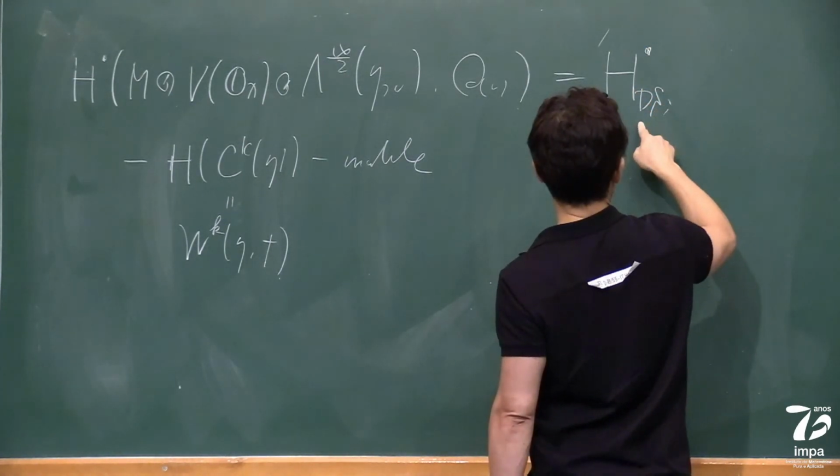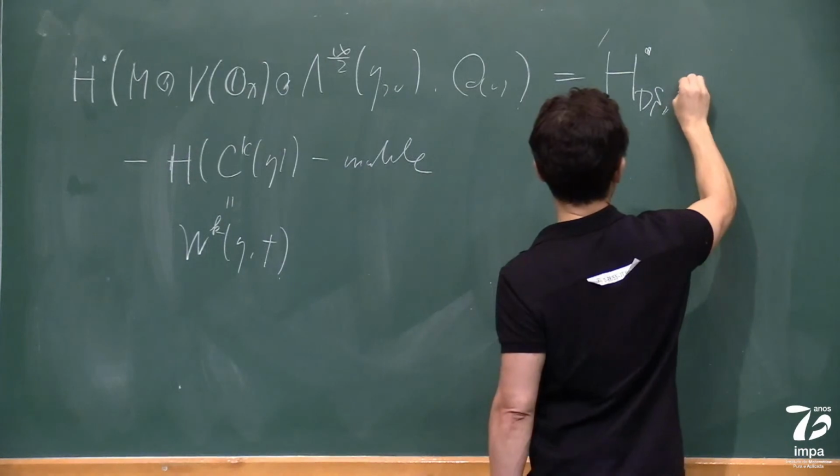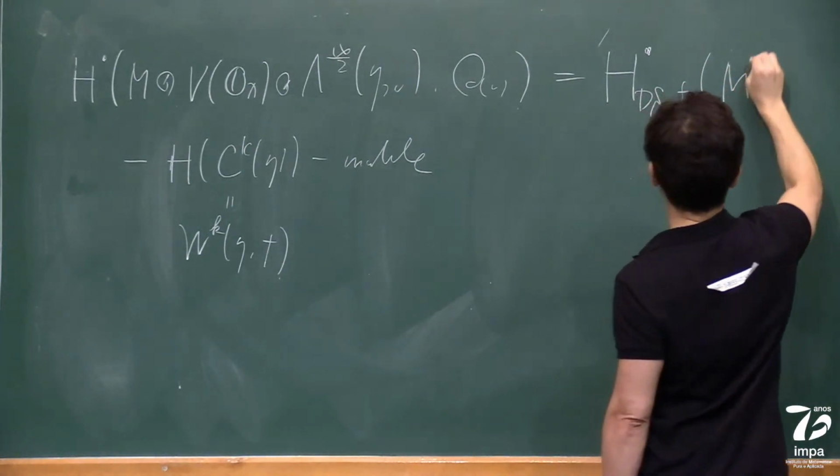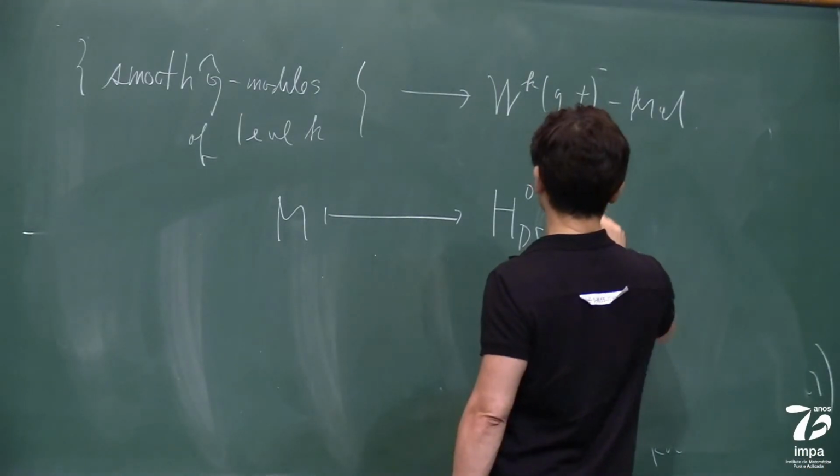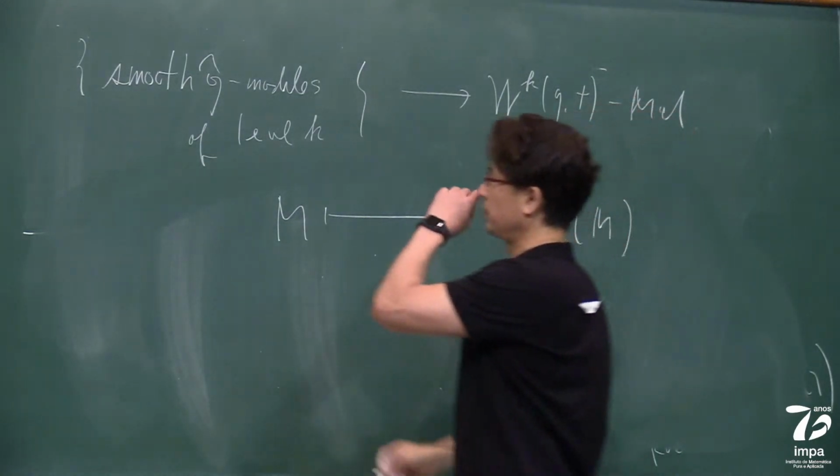So this stands for the Drinfeld-Sokolov reduction of M, the H0 of this cohomology. So we get a functor.